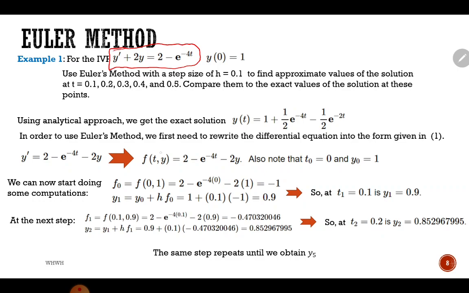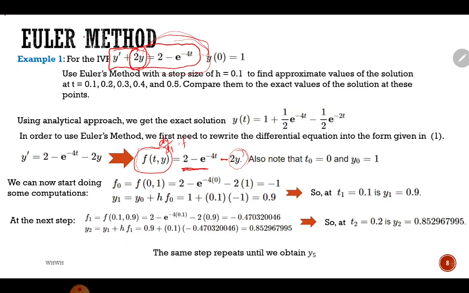So daripada sini kita tahu f(t,y) ni adalah dy/dt ataupun y prime. So maknanya equation ni move lah 2y ni ke belah kanan. So that's why dari sini kita dapat 2 minus e to the power of negative 4t minus 2y. We bring the 2y here to our right hand side. So on the left we just left with f(t,y) or y prime or dy/dt tu.